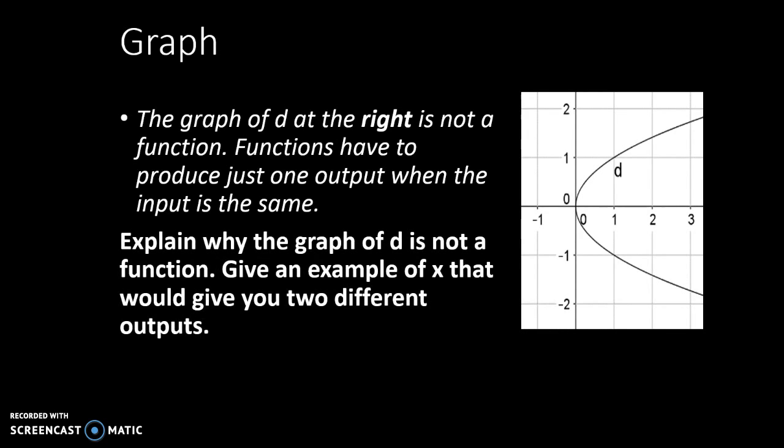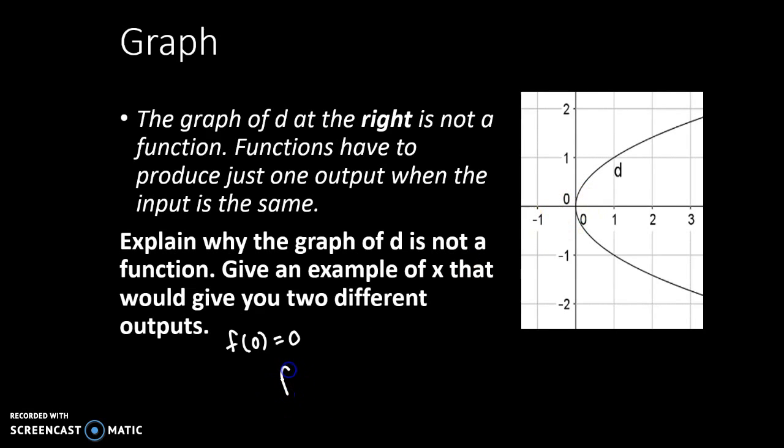So here's an example of a graph that is not a function. The graph of D is not a function because functions have to produce just one output when the input is the same. So if I look at this graph, f of 0 is definitely 0. It's the only answer that comes up, the only y-coordinate I get when my x-coordinate is 0.